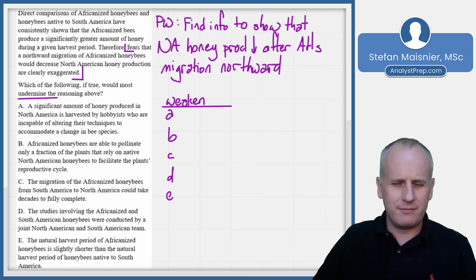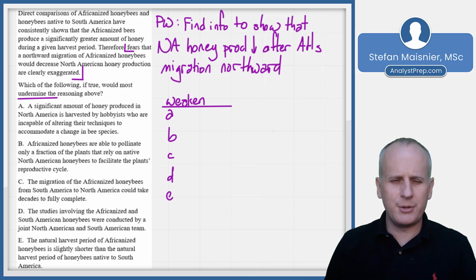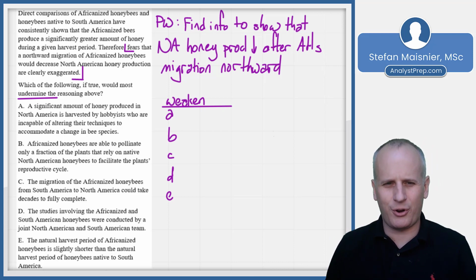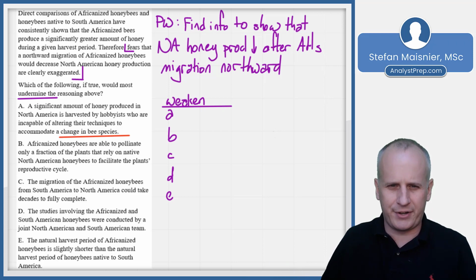So we got our prediction direct from the conclusion, and we go through our answer choices. So, a significant amount of honey produced in North America is harvested by hobbyists who are incapable of altering their techniques to accommodate a change in bee species. Well, we can see that there's certainly a theoretical change in bee species, and when that happens, they can't alter their technique.